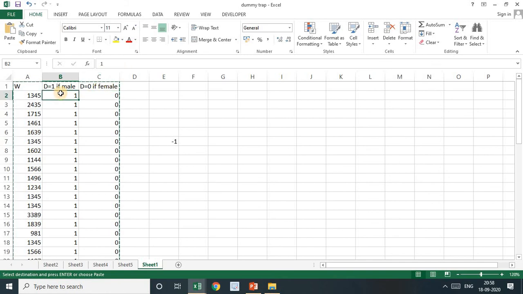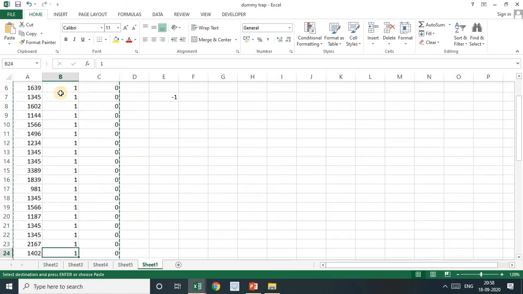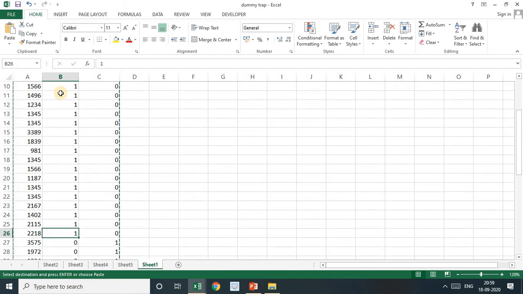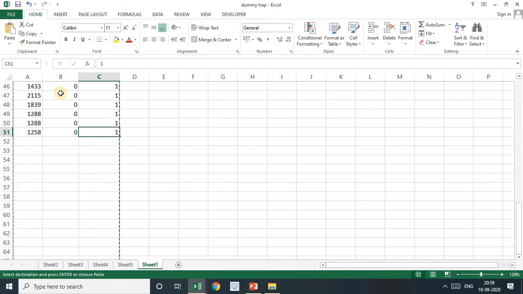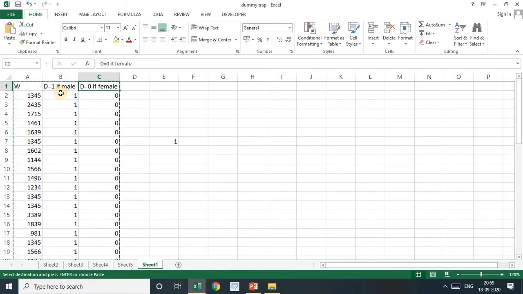So all these fellows are male, and these fellows are female. So what I have done is I have given 1 for male and 0 for female, and I have assigned 2 dummies for 2 categories.